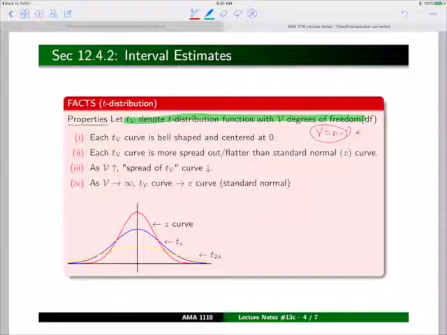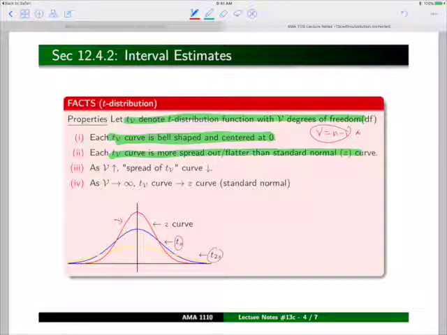Some facts: like I said before, the t distribution is just like the normal distribution. It's bell-shaped, centered at 0. But t nu is flatter than the normal distribution. You can see in the picture that the red curve is your normal distribution, but the rest of the t distributions are flatter and more spread out.